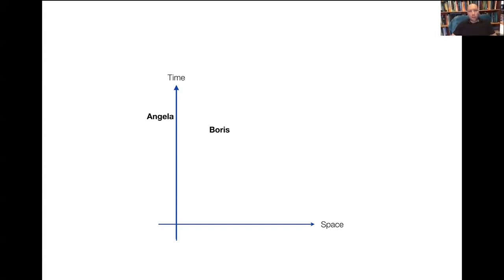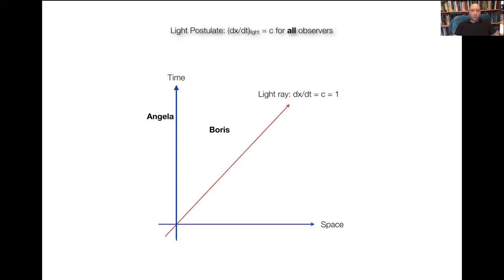So we'll imagine a pair of observers. We've got Angela and Boris. We're in Angela's reference frame, so she just simply moves up her world line here. Boris is going to be running rapidly away from Angela, so his world line is tilted relative to Angela's. The light ray is there, as you can see it, 1 unit of space and 1 unit of time.